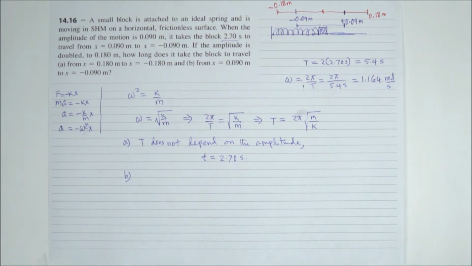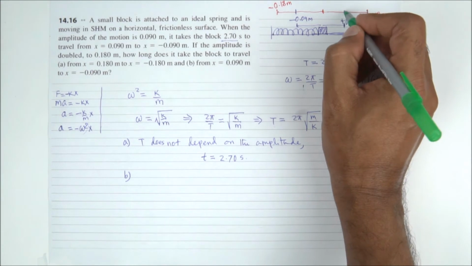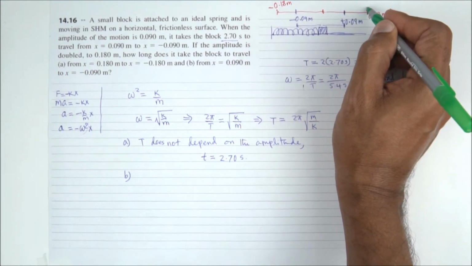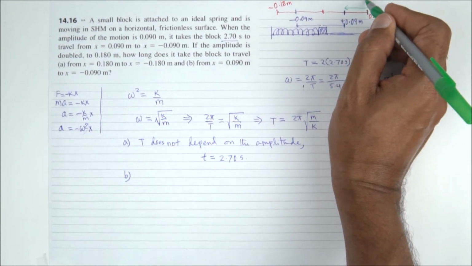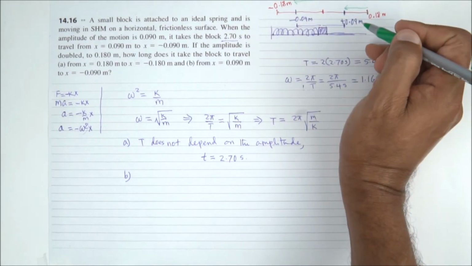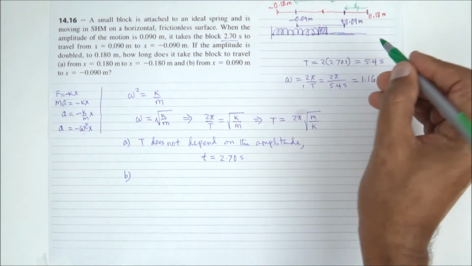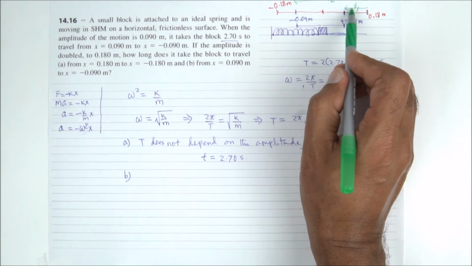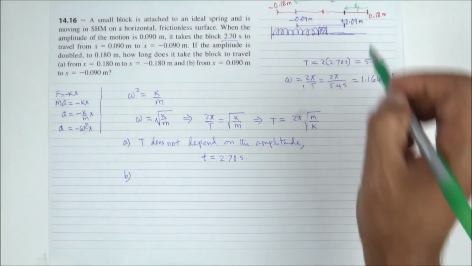We should be able to calculate exactly how much time it takes to go from the maximum amplitude to this location, and another time to go from here to there. Let's call this T1 and this T2. The time to go from here to here would be the difference in these two times. So let's try to calculate T1.